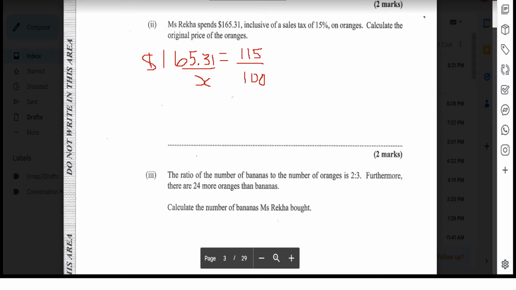Good. So in cross multiplying, we cross multiply here and we cross multiply here.